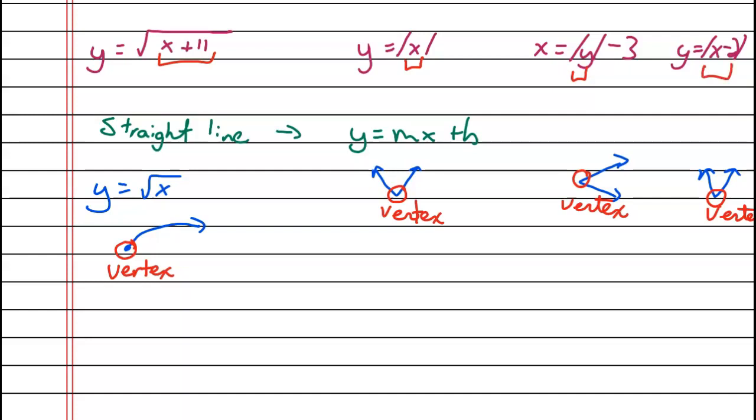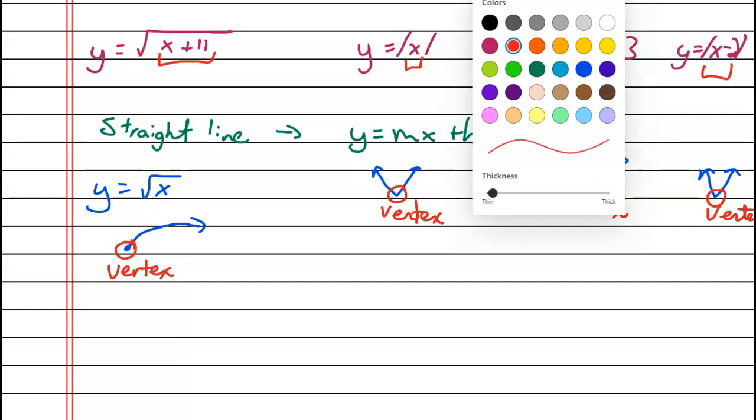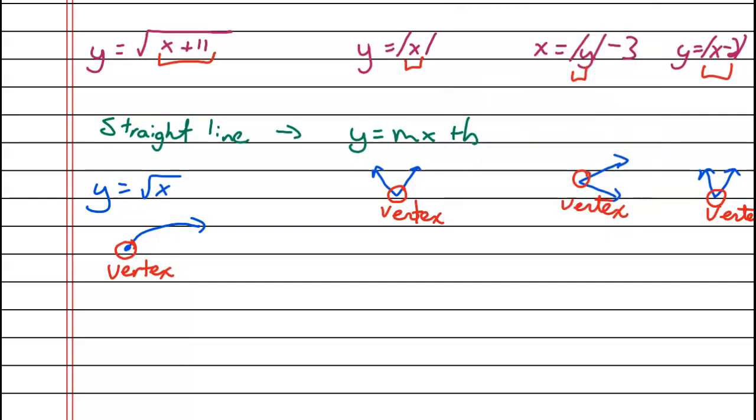And what we're going to do is set whatever's inside there equal to 0, or like in the case of the radical, we're actually going to set that x plus 11 greater than or equal to 0. The reason I'm setting it greater than or equal to 0 is because I can't take the square root of a -1 to be able to graph it.